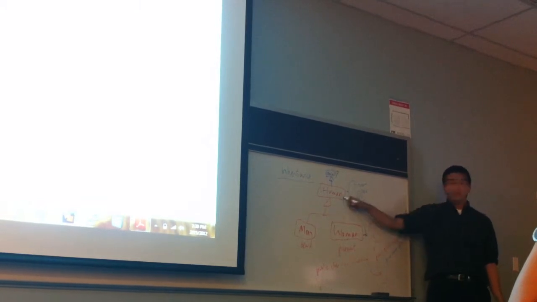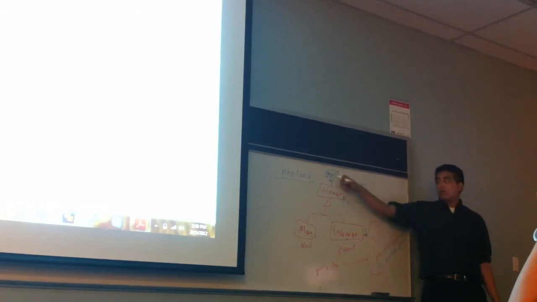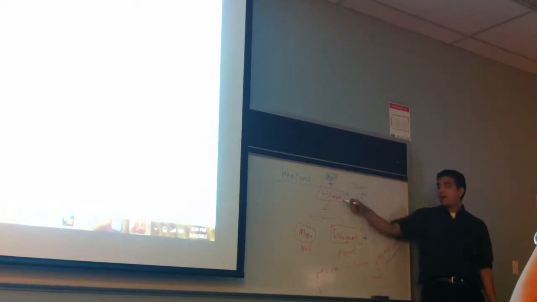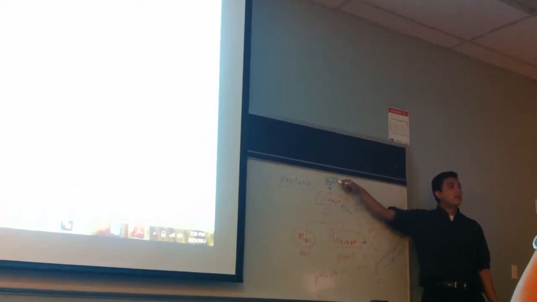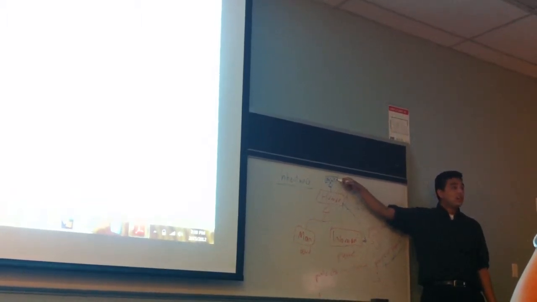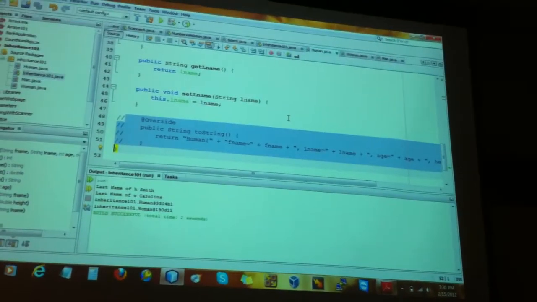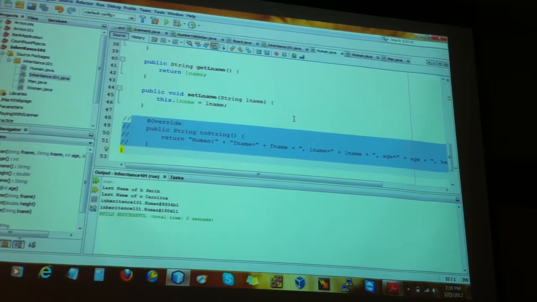No. Do you have toString here? No. Will Object give me the toString that you've got? And what if I didn't have a method called toString at all? I don't have it here, here, or here. What happens? The program crashes. You're calling a method that does not exist. It wouldn't even compile. Got it? Is that clear?